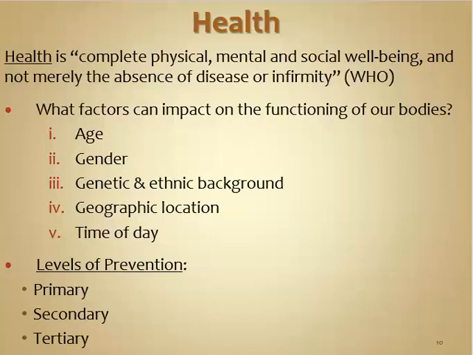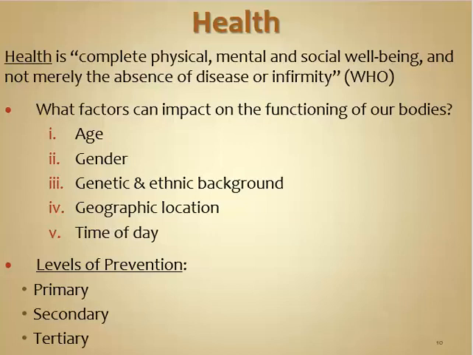Prevention is the idea of not letting things get to a disease state. So there's primary, secondary, and tertiary. Primary levels are to prevent it from even rearing its head, like not smoking, being careful about how much sugar intake, things like that.